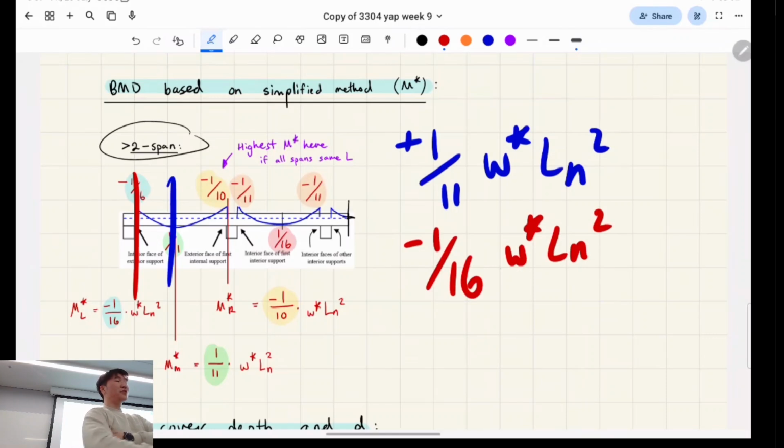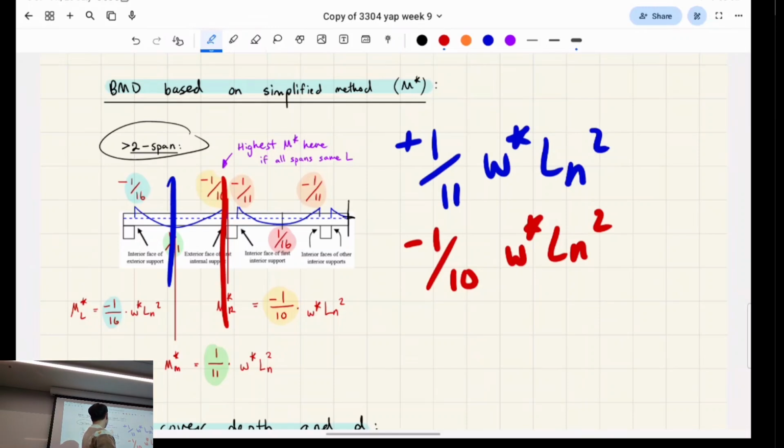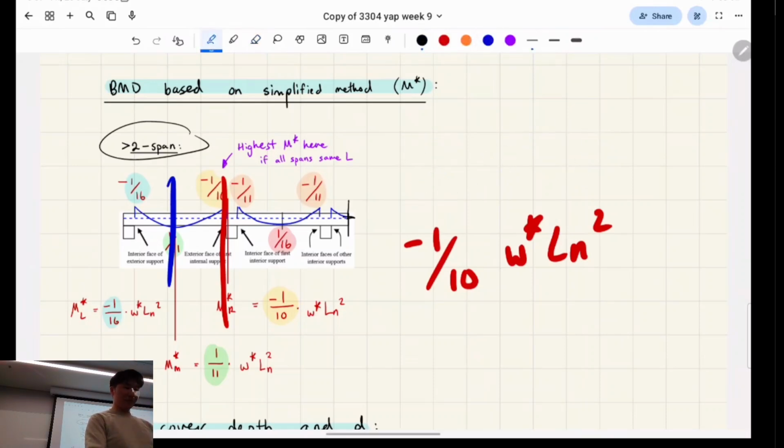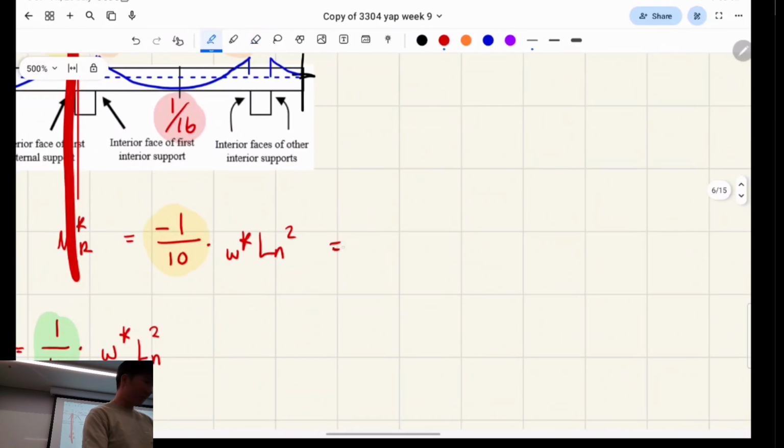The middle, right? But what about this one? So there's actually a bigger hogging moment at this first column than the sagging moment in the middle. So we're actually designing for this negative moment magnitude, right? But that's still what we're going to design for.